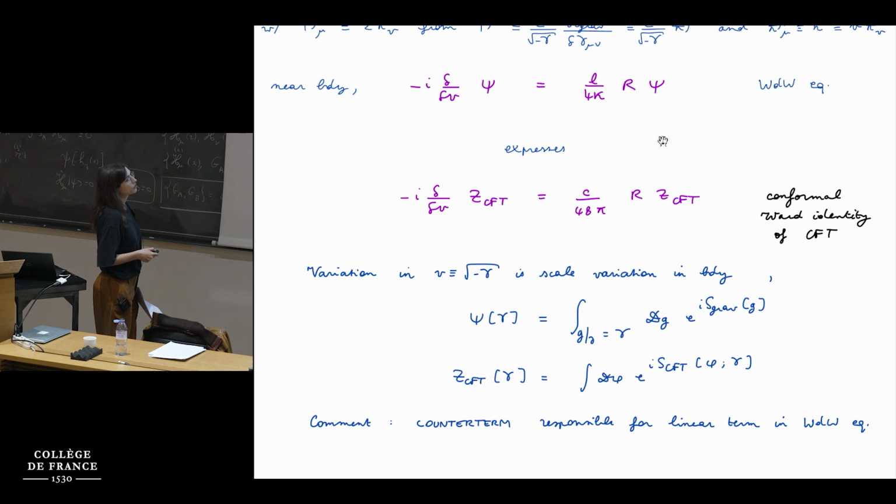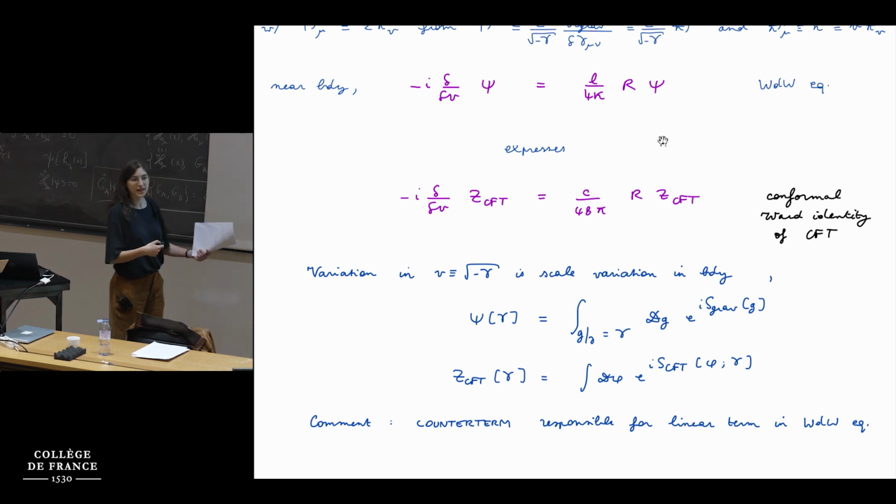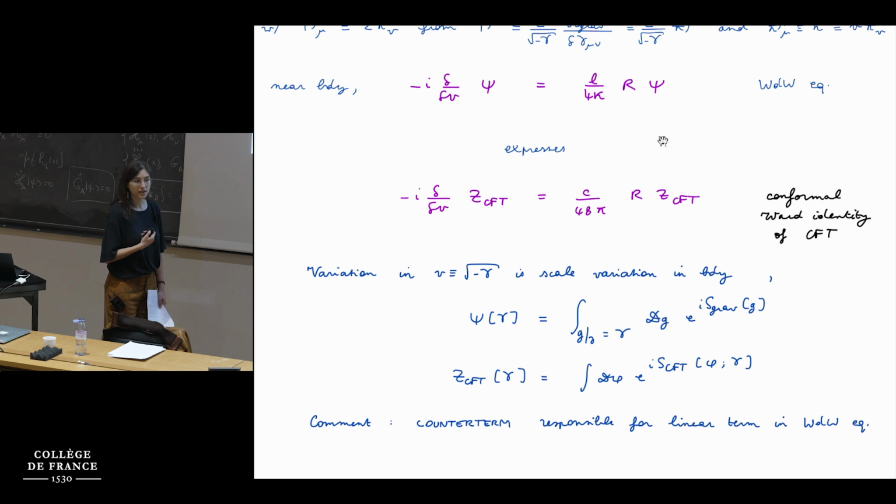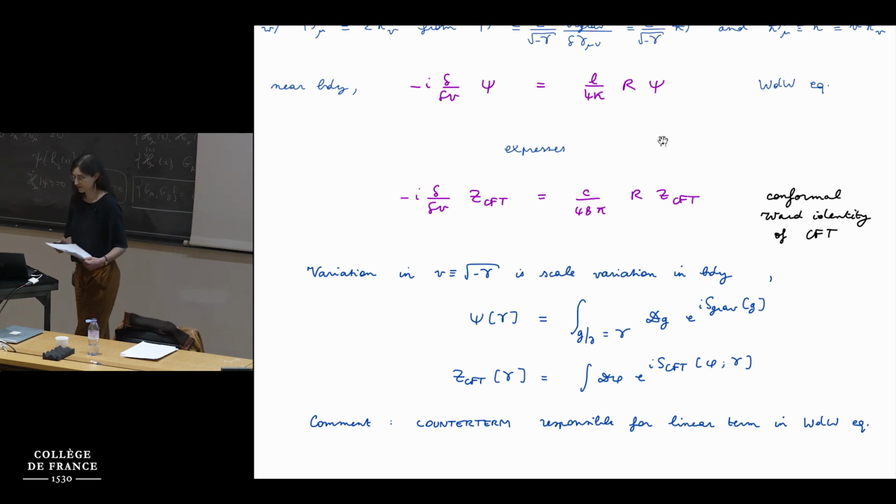Right, I'm repeating here the comment that the counter term is the one responsible for the linear term in the Wheeler-DeWitt equation. Again, because it's that counter term, or that asymptotic physics, that is important in the discussion of the Weyl anomaly physics of the CFT.